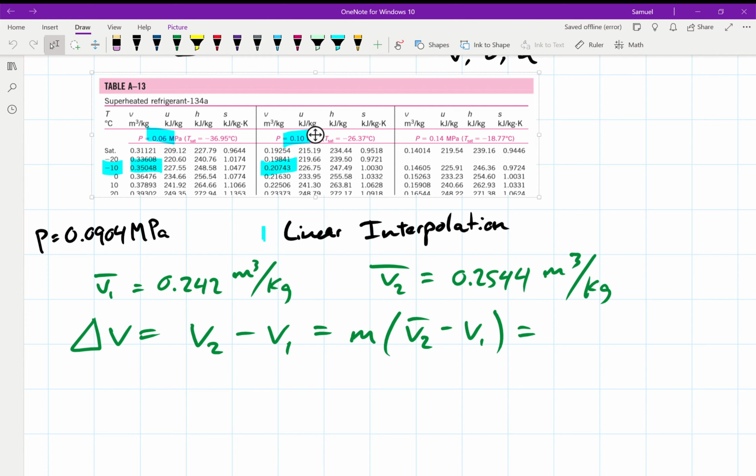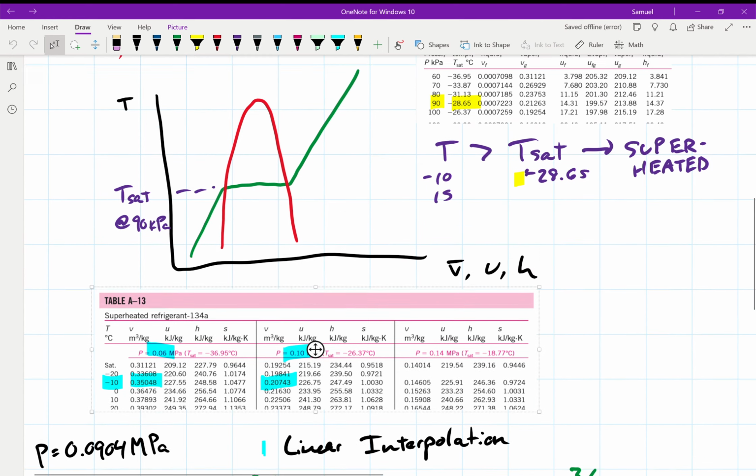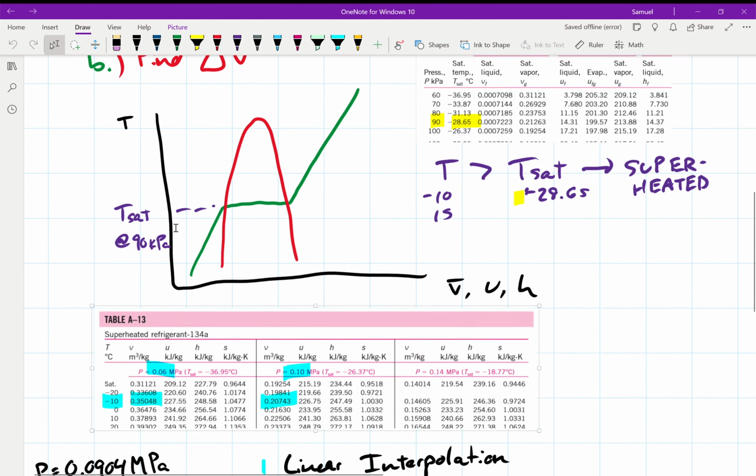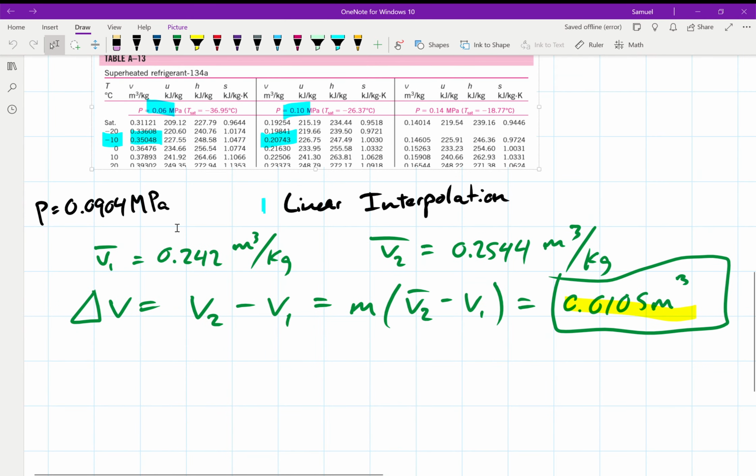The last piece that we need to get, back to the problem statement, was the change in the enthalpy. That's also going to be using linear interpolation. It's just that the values that we're going to be looking at are under this H column here. So we will go through that process of linear interpolation for both negative 10 degrees Celsius and for 15 degrees Celsius.